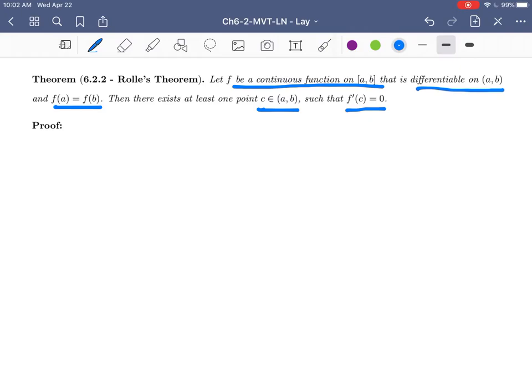All right, so let's take some time to prove this. Since we know the closed interval a to b is closed and bounded, it's compact.